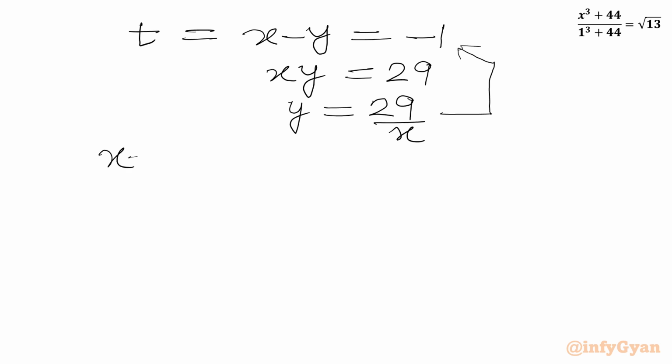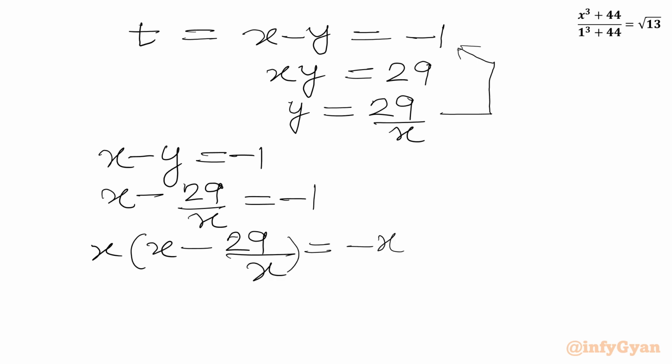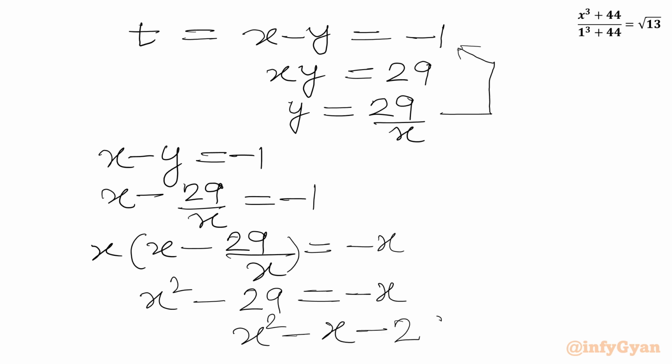So x − y = −1 gives x − 29/x = −1. Multiply both sides with x, so I can write x times x − 29/x equals −x, so x² − 29 = −x, or x² + x − 29 = 0.